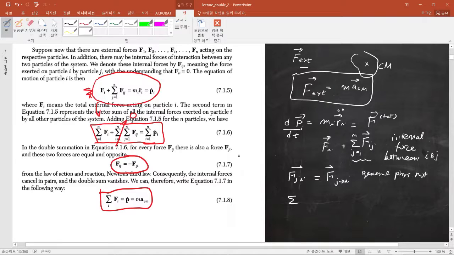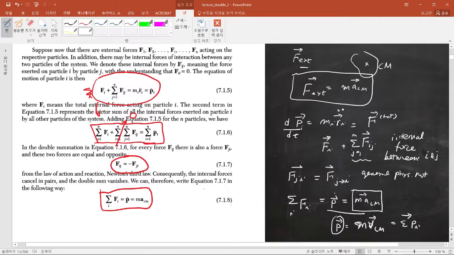So if you add up all the external forces, the total external force acting on the particles is equal to P dot, which is equal to m a center of mass, because this comes from P equals m v center of mass. If you differentiate it, P dot equals m a center of mass, which is of course the sum of the F_i.